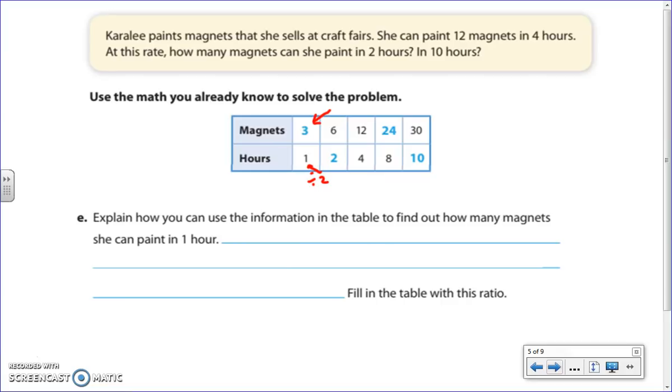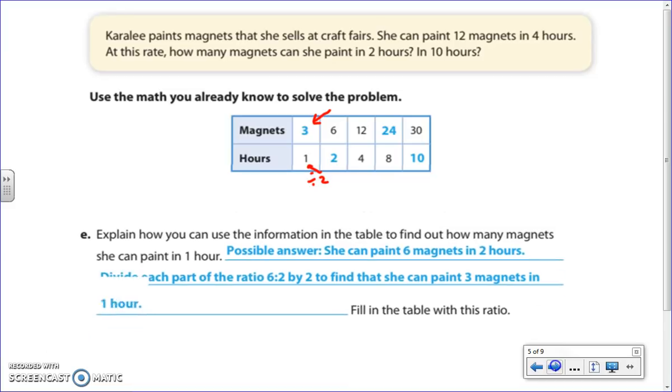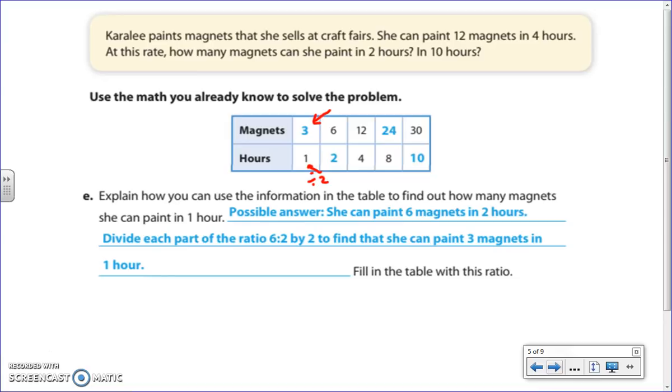And the unit rate is represented per 1, so per 1 hour, the unit rate in this case would be 3. So that's how they did this as well. They divided by 2 in both instances, and that showed that they had 3 magnets in 1 hour.